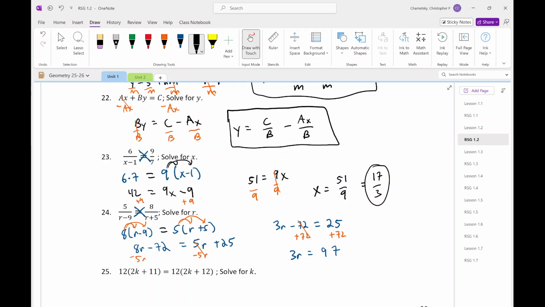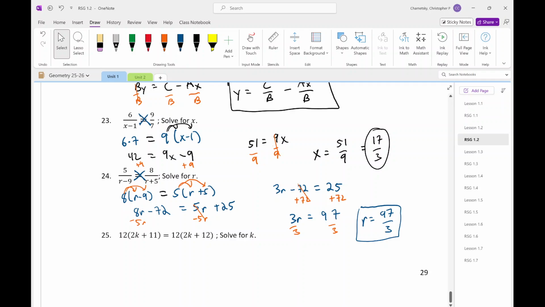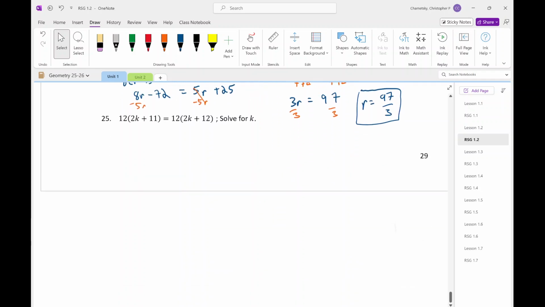And we'll divide by 3 on both sides. And 97 divided by 3 does not simplify, so we're just going to keep that as a fraction. So r equals 97 over 3.